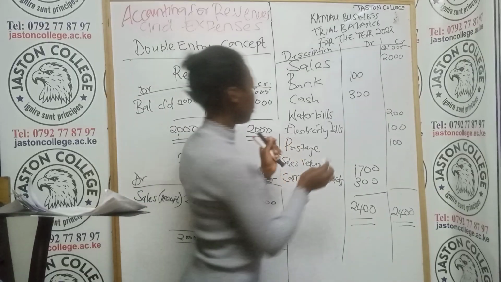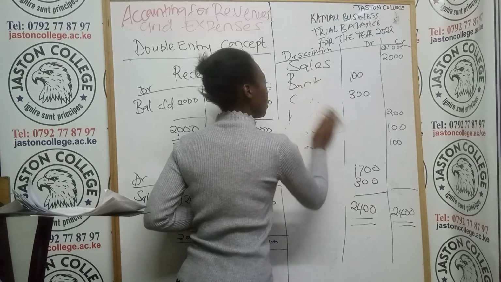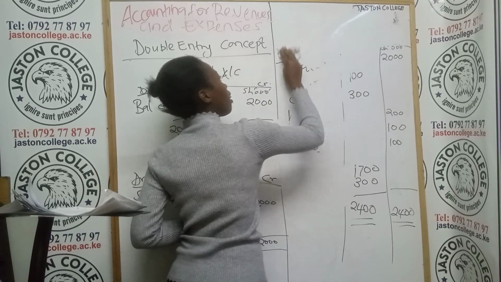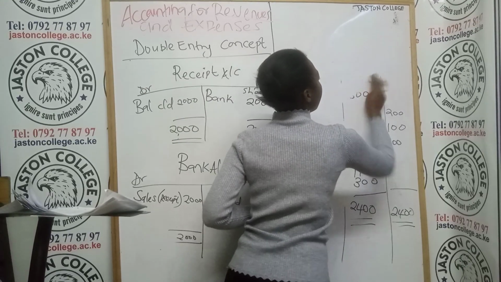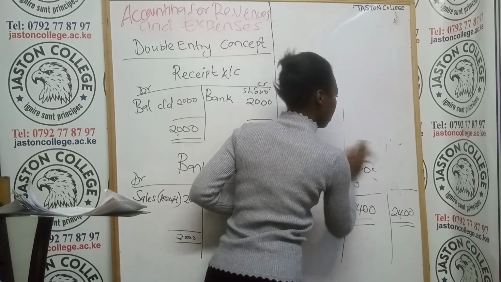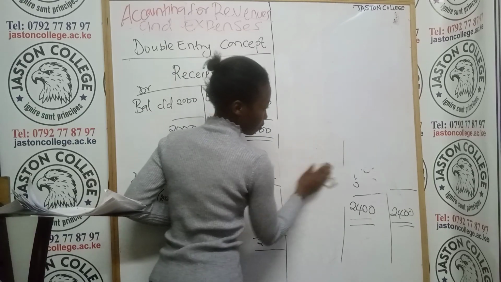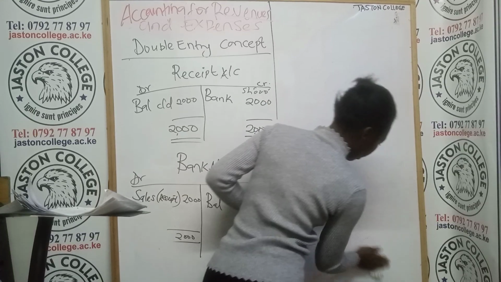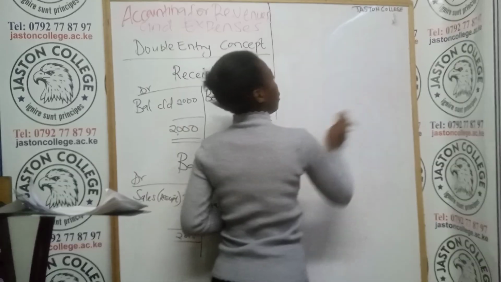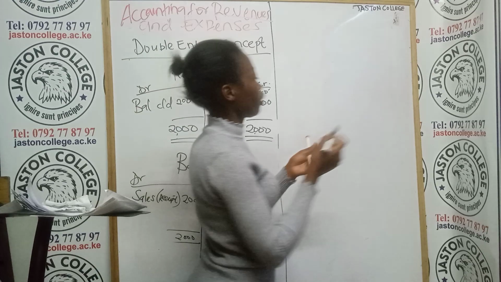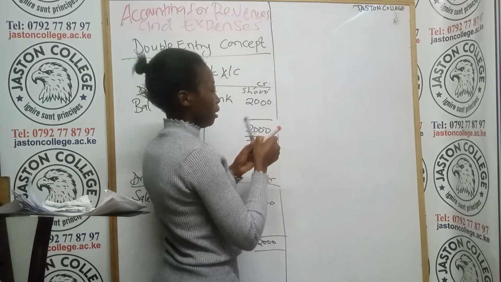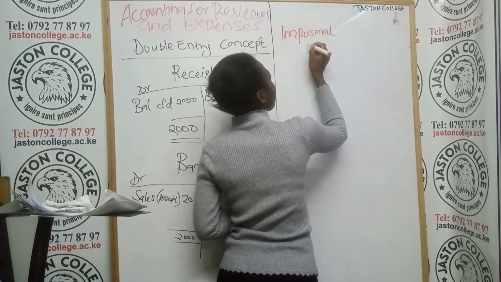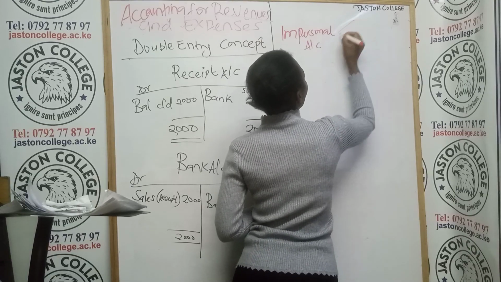So I will write them here. We have two types of accounts in the double entry: the impersonal accounts, and we have two in this.